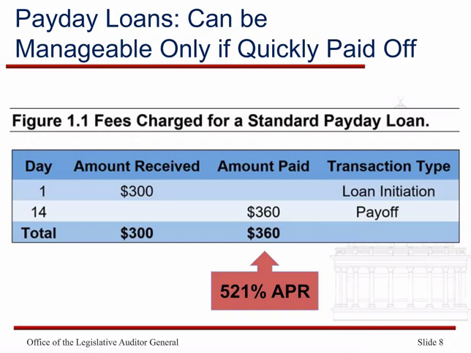If you were to get a loan for $300, they would give you that money, and then in 2 weeks you'd pay off that loan. And if you paid $360 as a payoff, your APR would be 521%.